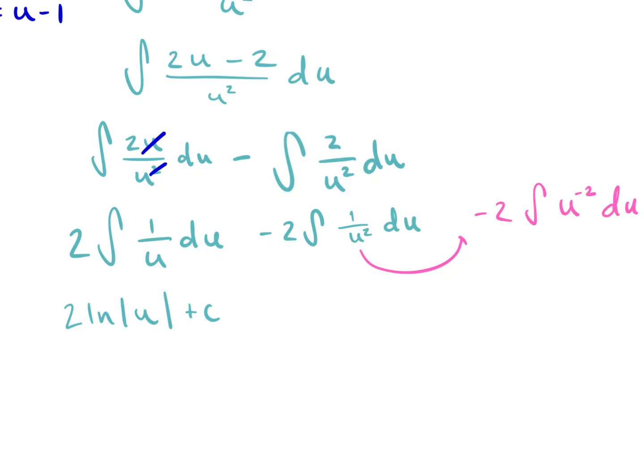It's not like number 4 on the rules. It's like what we did way back when we started integration. How would we take our antiderivative? What's the rule here? What do we do to the exponent? Add 1 to the exponent and then divide.